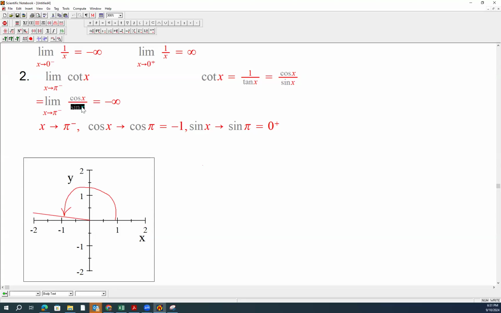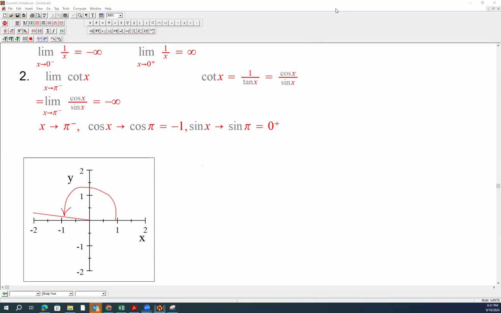The denominator gets infinitely smaller, the numerator gets closer and closer to a fixed number, so the whole limit is negative infinity. That's how we analyze from the basic perspective.